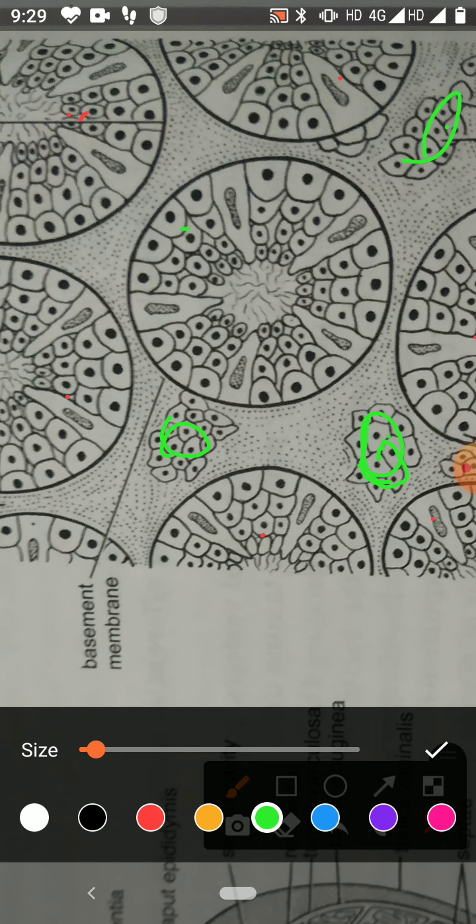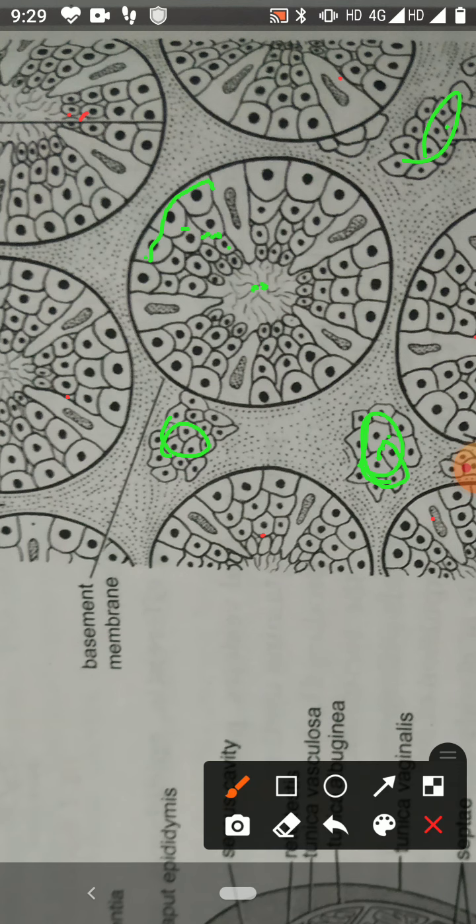Spermatogonia, produced by mitotic division from the germinal epithelial cells, will undergo a growth phase and then a maturation phase. After that, they will produce spermatozoa. These spermatozoa pass through the vasa efferentia.